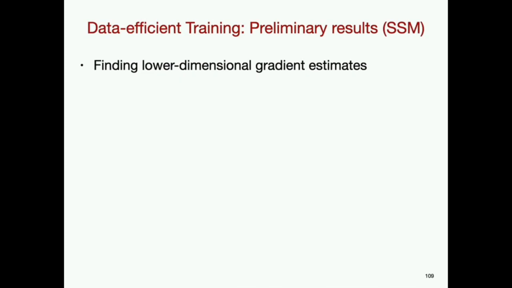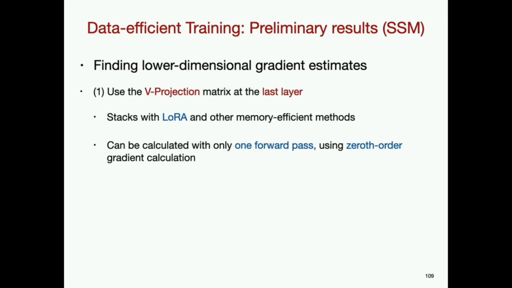So here, the idea was, can we go smaller? Can we reduce the dimensionality of these gradients and get something lower dimensional that allows finding a high-quality subset? What we tried and gave us relatively promising results so far is that, as you know, there are these KQV matrices in the transformers.